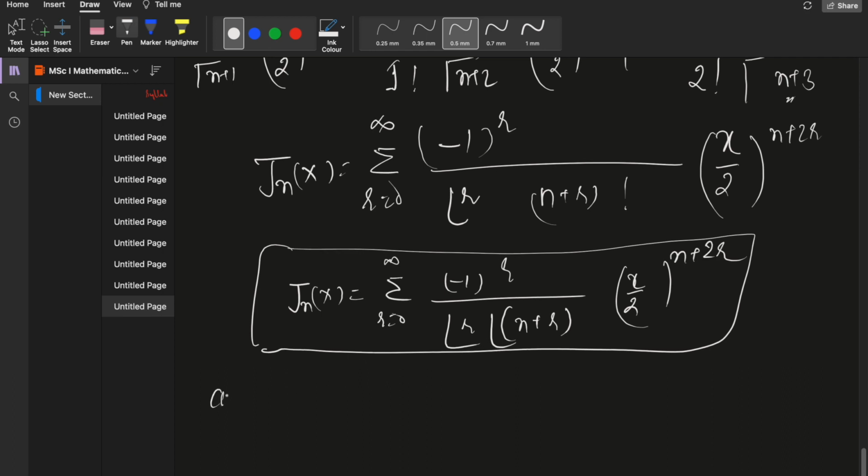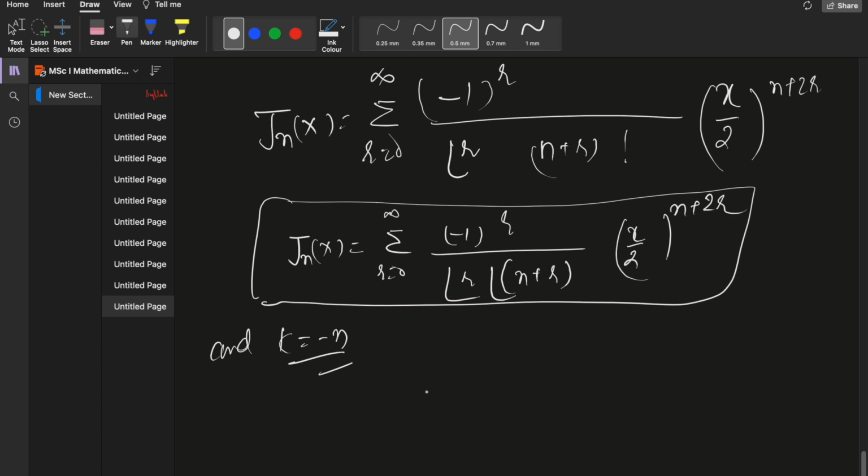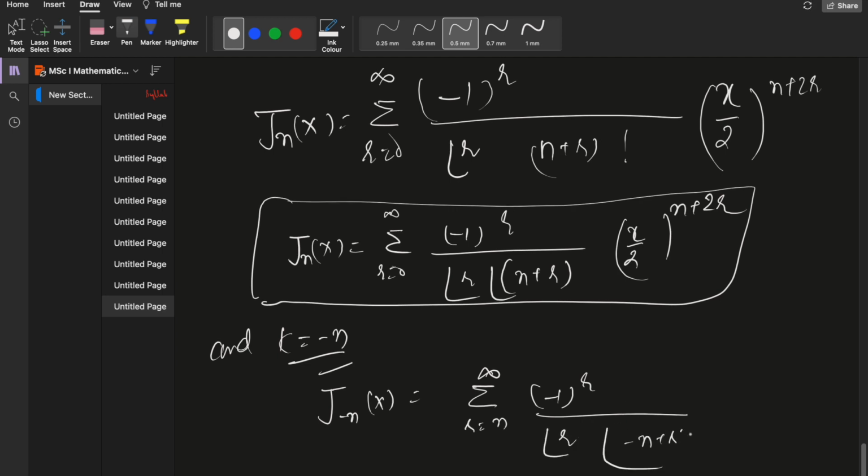Or we can calculate simultaneously for k equals minus n. When we have both the values, I am not calculating individually. I can write it simply as k minus nx. It is going to be summation r tends to n to infinity, minus 1 to the power r upon factorial r, factorial r minus n plus r, x upon 2 to the power minus n plus 2r.